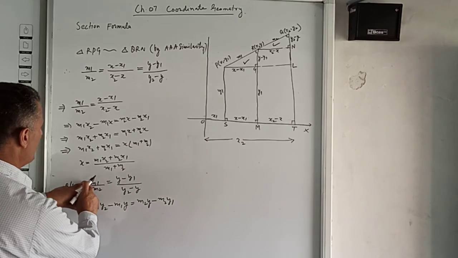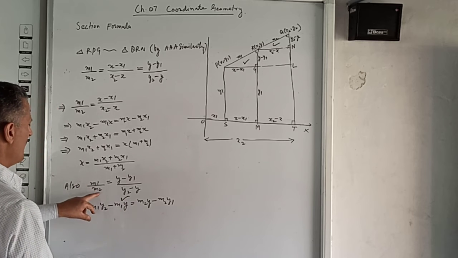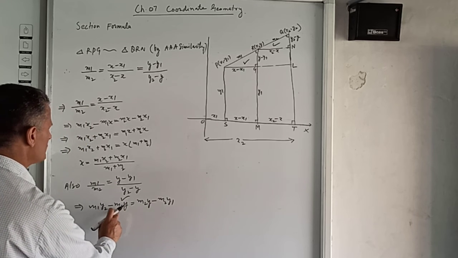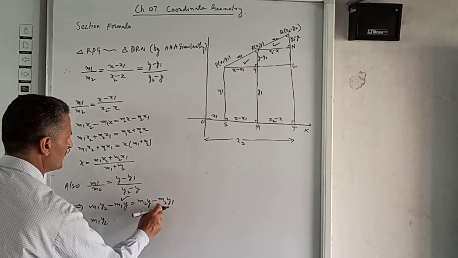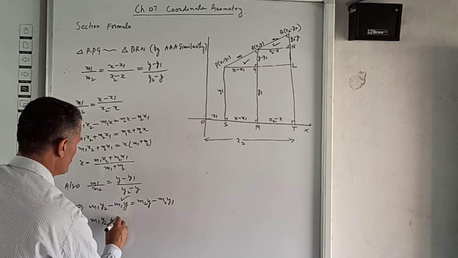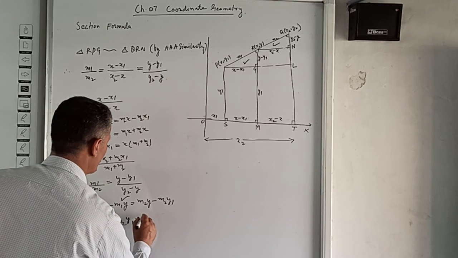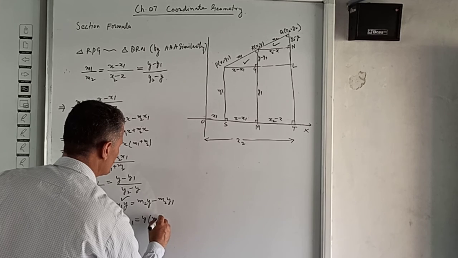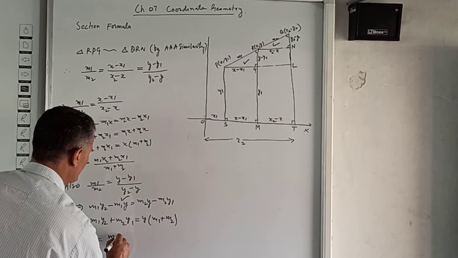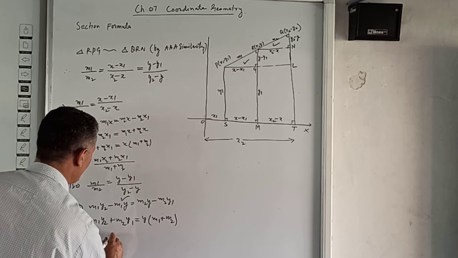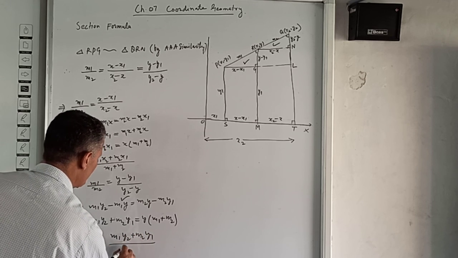It is m1 y2 minus m1 y. This is y here. Then m2 y. So this is y. So transfer this to this side. It is m1 y2. Then shift this to this side. It is m2, this is minus here, it will become plus y1 equal to. You transfer this to this side. Take y common. It is m1 plus m2. So y equals m1 y2 plus m2 y1 divided by m1 plus m2.